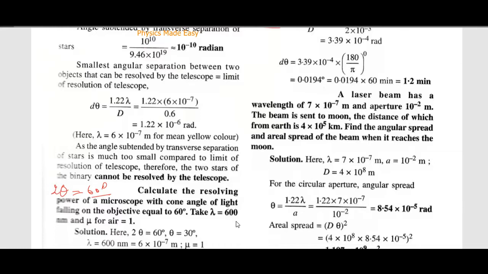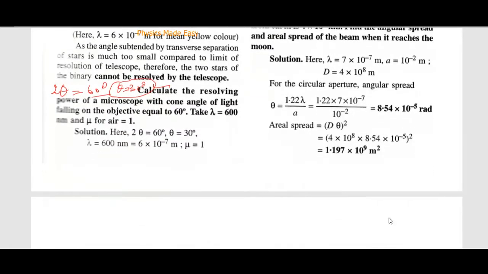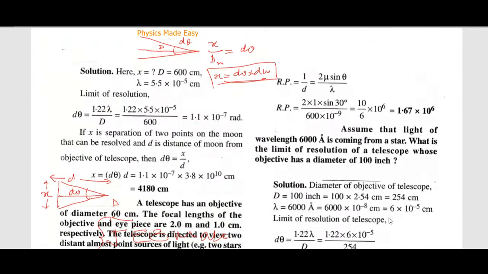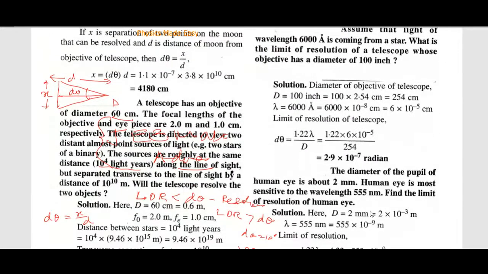It is 2 theta and theta comes out to be 30 degree. This is the only catch point of this article. Otherwise, it's quite simple and such questions can be asked in JEE mains. We can easily find out the resolving power.